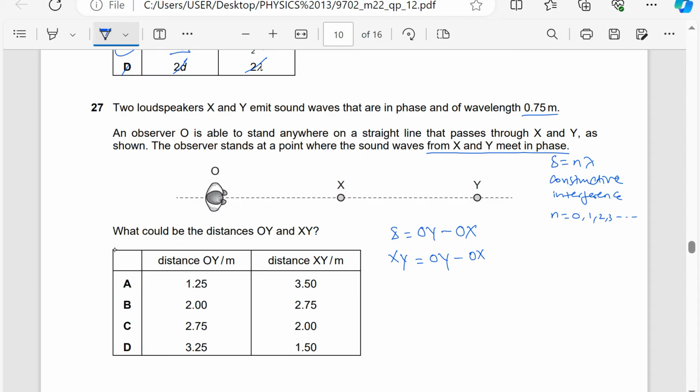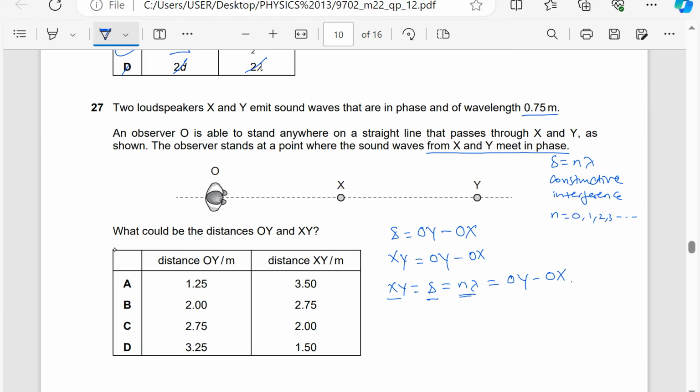The difference between X and Y is OY minus OX. So that means XY, which is the path difference, should be equal to n lambda, which should be the same as OY minus OX.